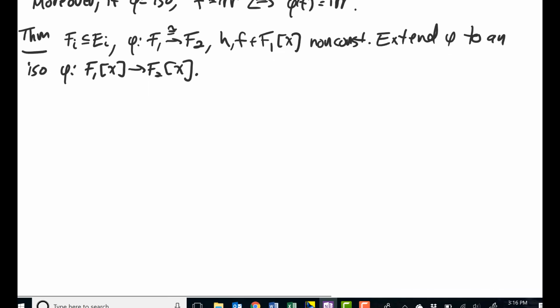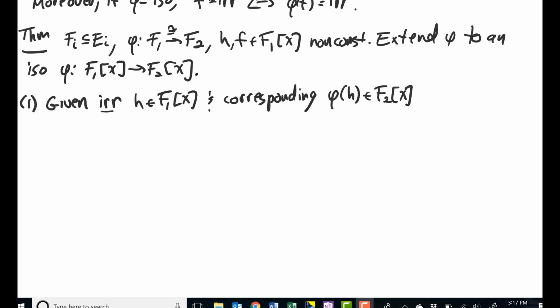We're going to have three separate parts to this theorem. Part 1: we're going to start with an irreducible polynomial h in F1 of x, and look at its corresponding polynomial, phi of h in F2. It'll still be irreducible. And the extra assumption here, besides the irreducibility, is that we have a root, alpha, in E1 for h.